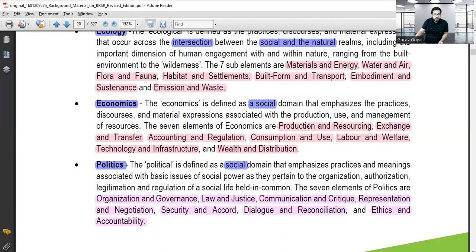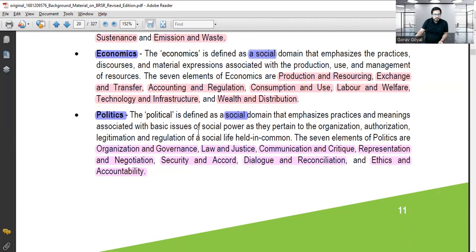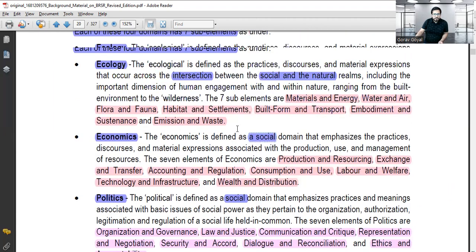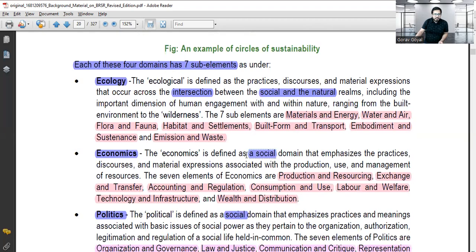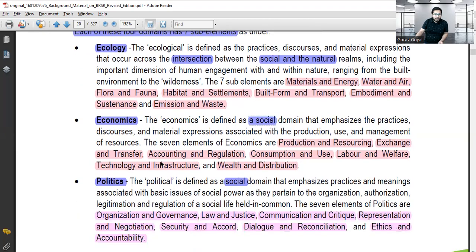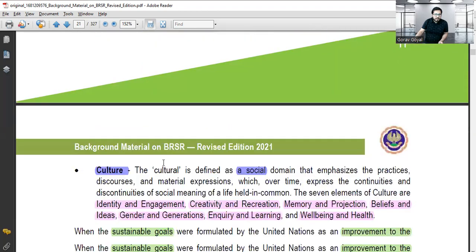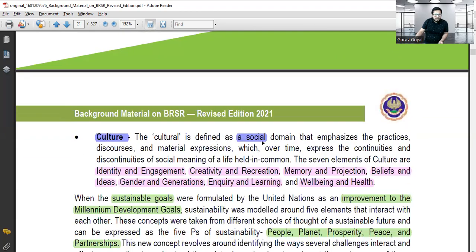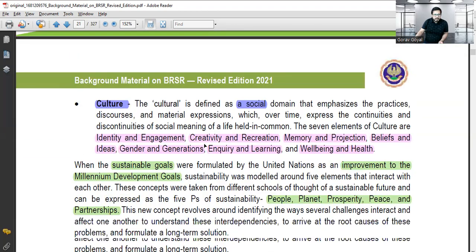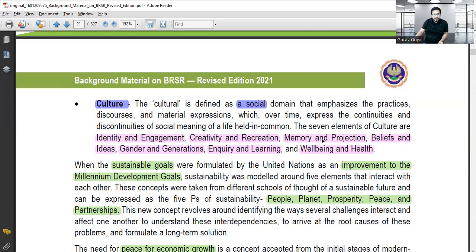Economics is defined as the social domain of production, resourcing, exchange, and accounting that we discussed. Politics, law, and justice, which is also social, has been formed as a wider term, and ecology, economics, and politics are subsets of that. And culture is also defined as social, emphasizing practices, identity, creativity, recreation, and memory.